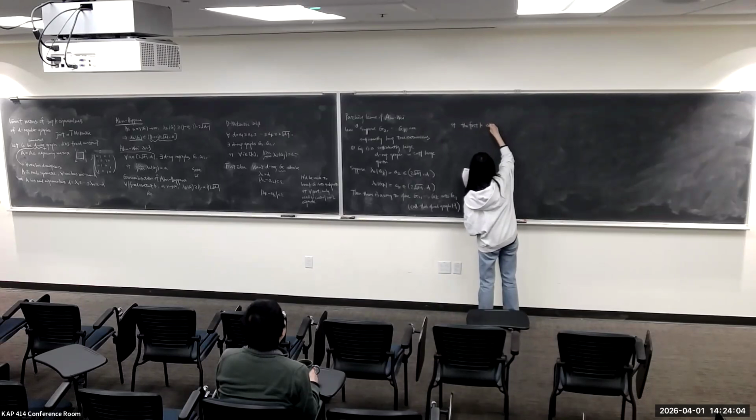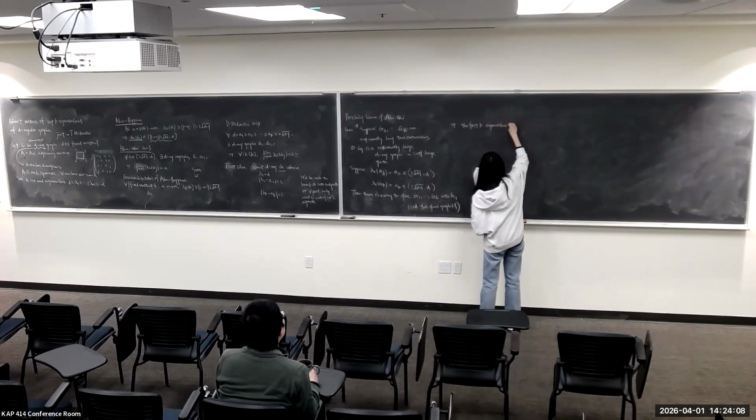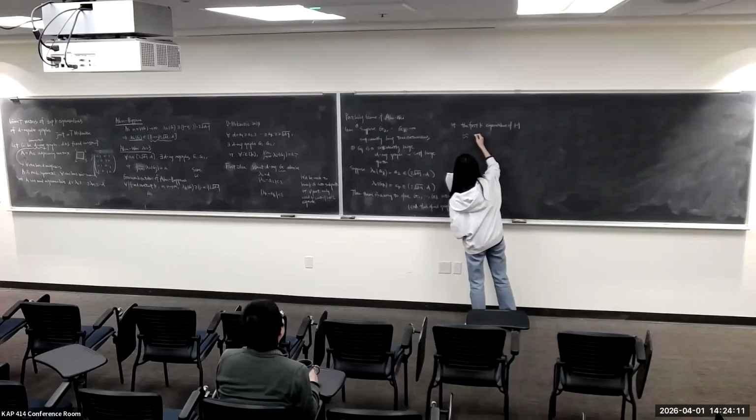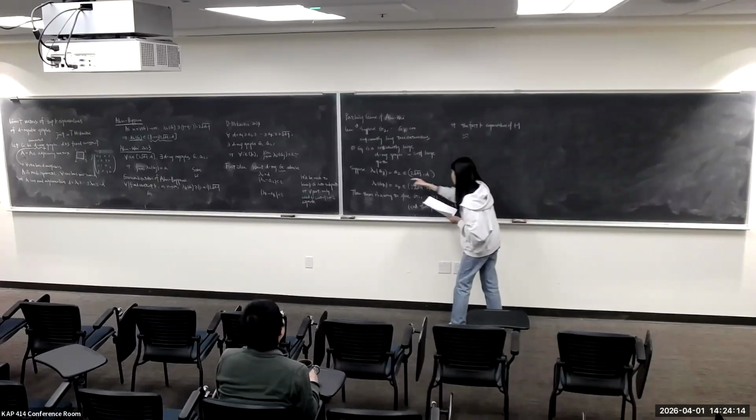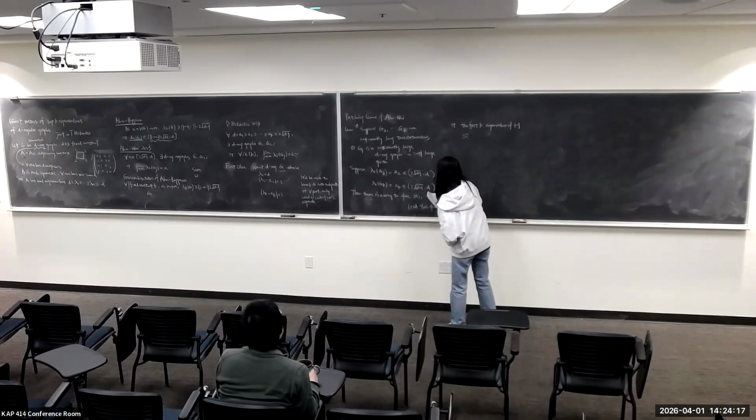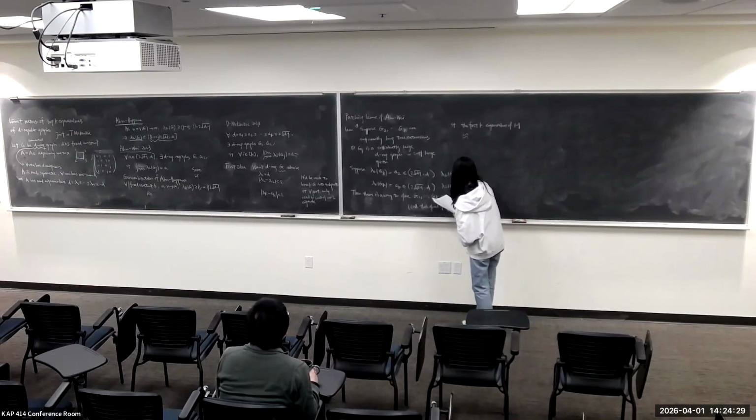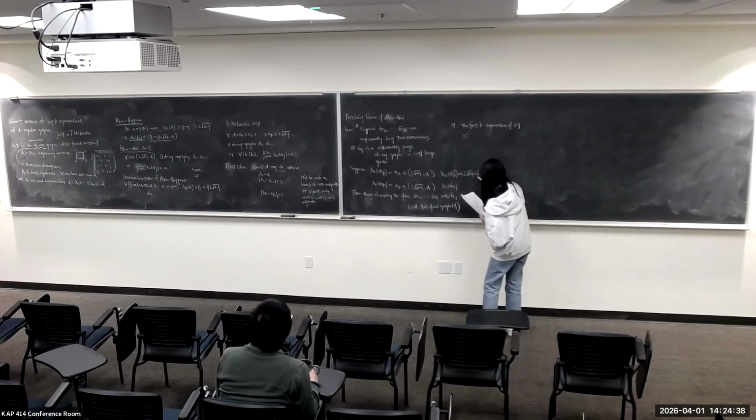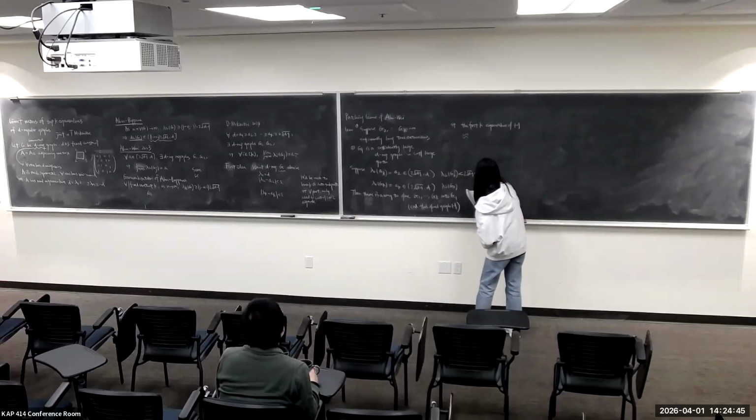Sorry, I need to add: the second eigenvalue of all of these is smaller than 2 root D minus 1 plus delta, where delta is a very, very small constant.